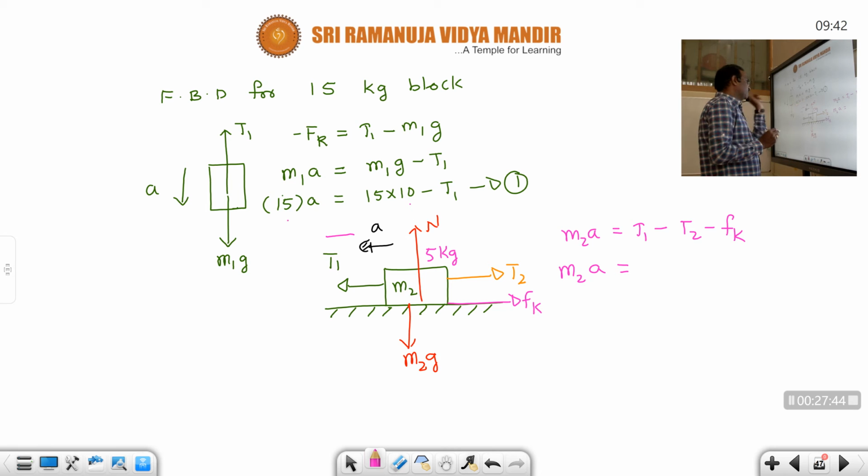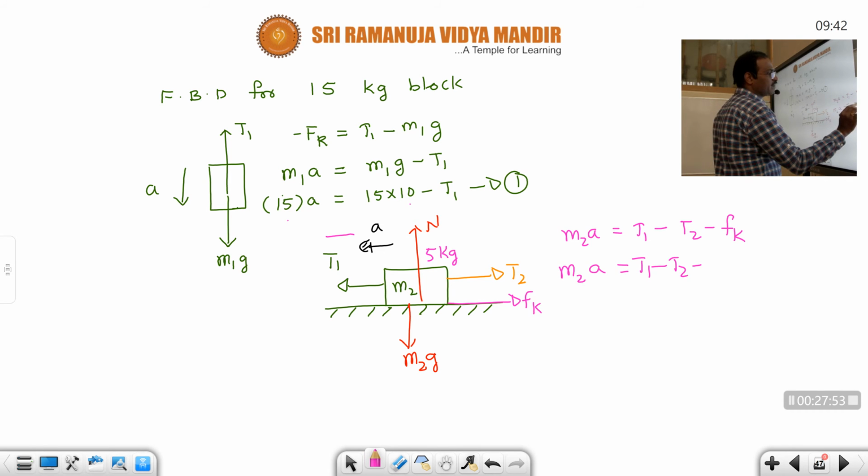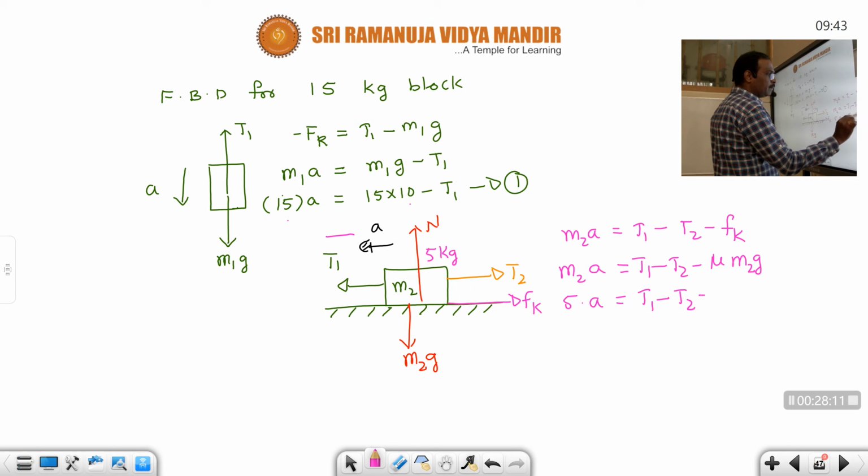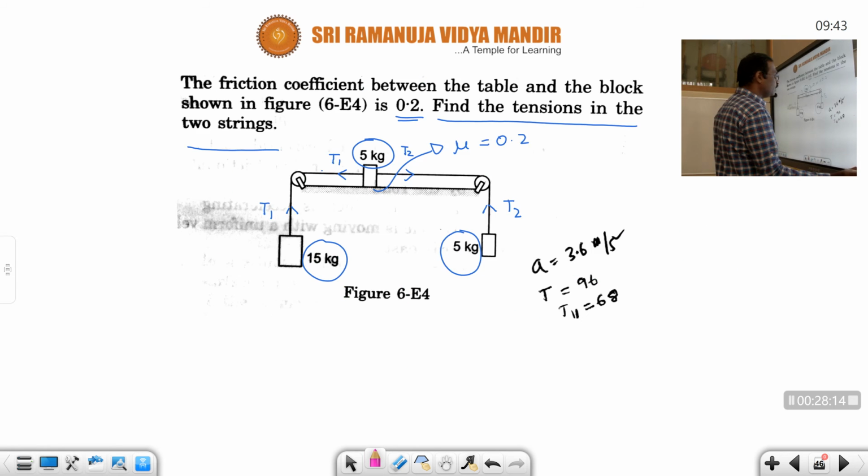That is 50 into 10 plus 50 into A, acceleration. In terms of acceleration there will be T1 minus T2 minus Fk, whose value is mu into M2 G. Therefore, here M2 means 5 kg into acceleration A is equal to T1 minus T2 minus mu into M2 G, where the value of mu is given as 0.2.